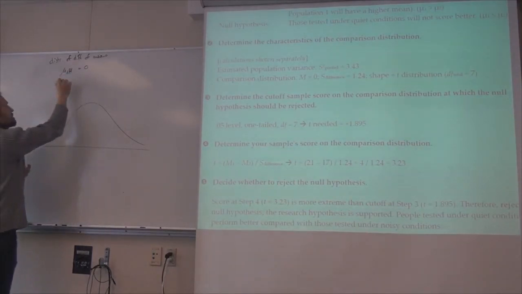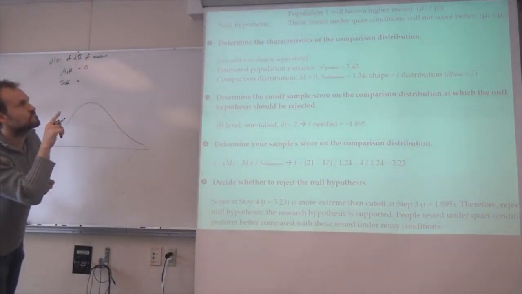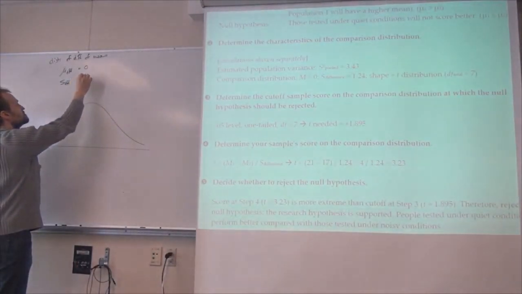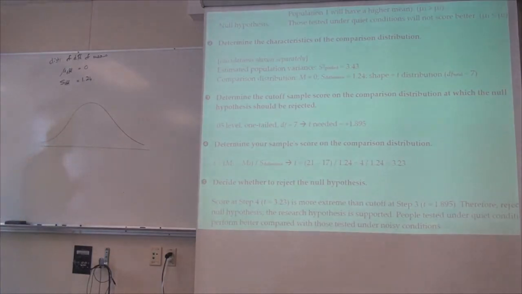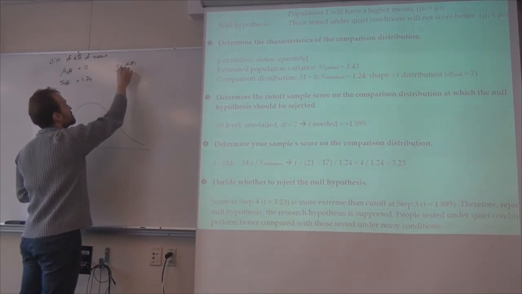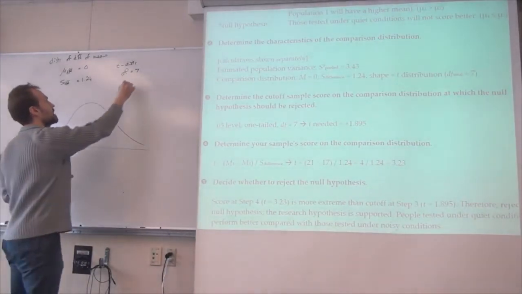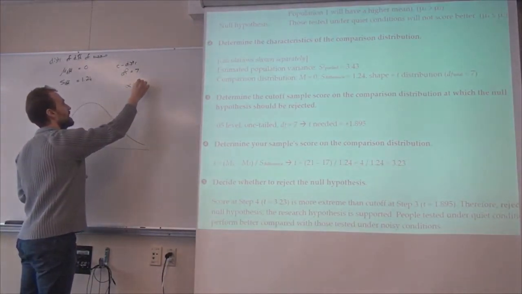So I have my standard deviation of the differences as 1.24. Now I have my degrees of freedom, t distribution, everything's good from now on. 7, and I'm going to decide on a 0.05 alpha.